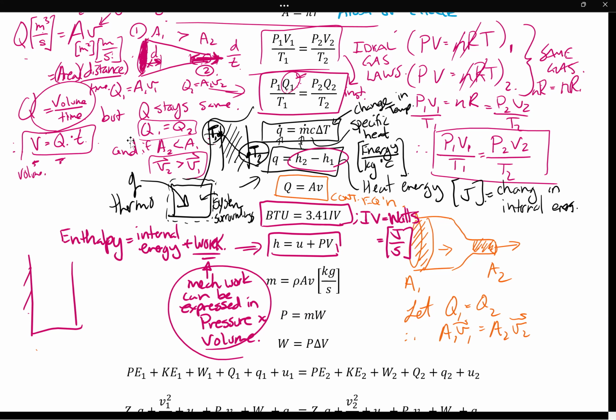I'm going to do some work on this system by moving this piston downwards. My system is in here, my surroundings are outside, and the dotted lines are the boundary. So I'm going to change the volume.